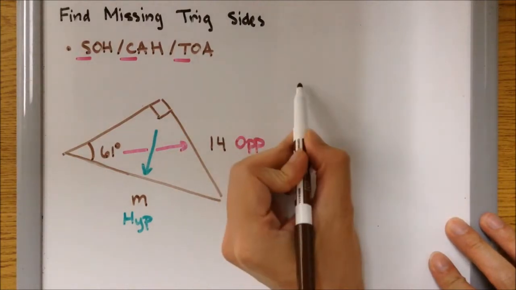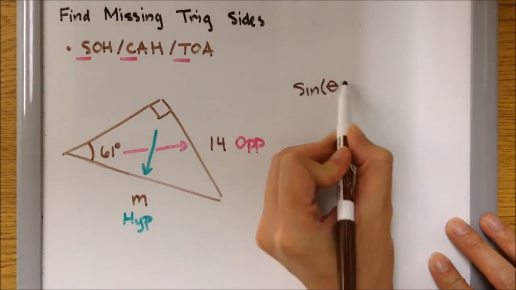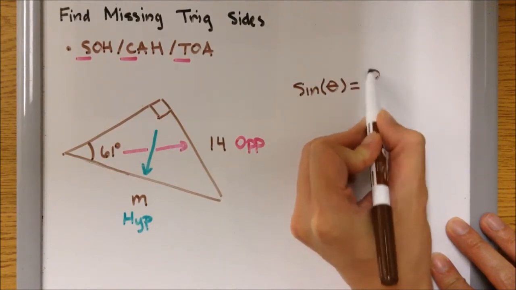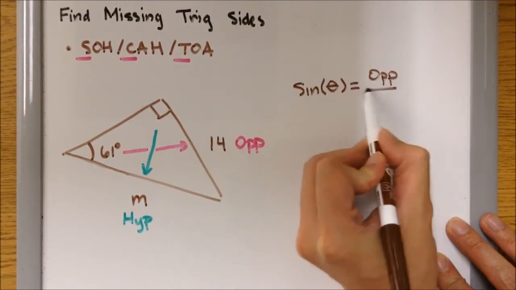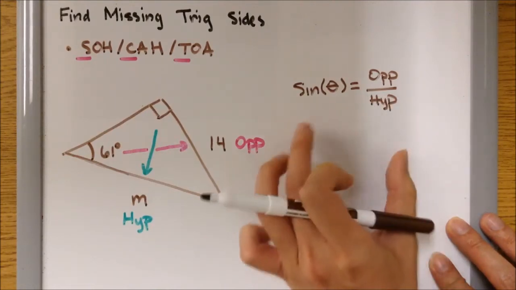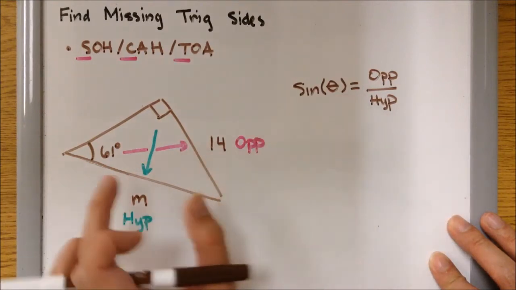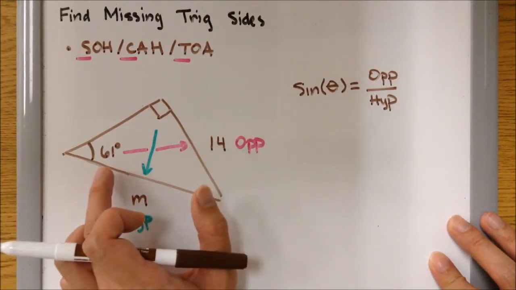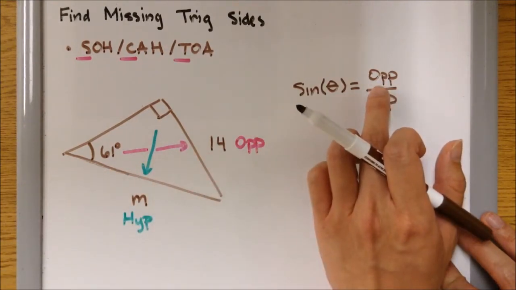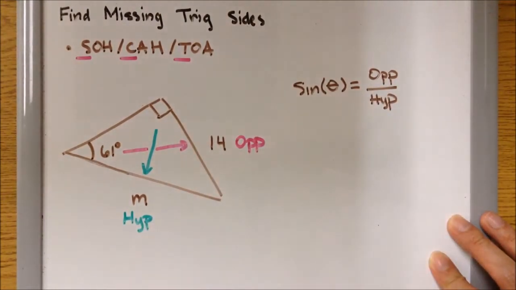I'm going to write sine theta equals opposite over hypotenuse. Okay, so that's how it's generally set up. Now, in theta, that's where we put the angle measure, 61 degrees. We plug in for opposite, which will be 14, and for hypotenuse, which is M.